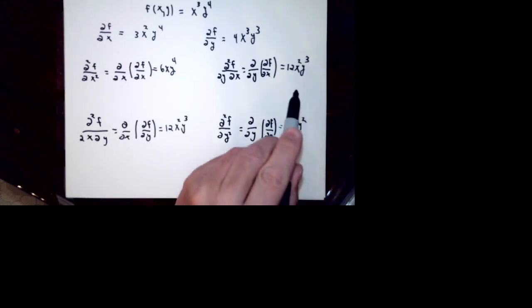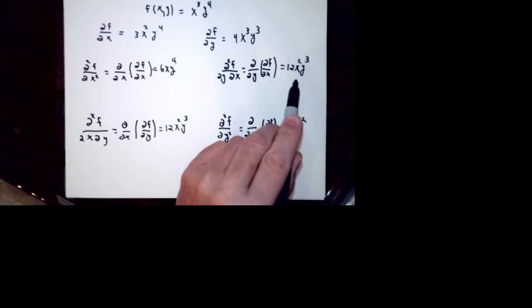Also, an observant person will notice this is 12x squared y cubed, and this is also 12x squared y cubed. It could be that that's just a coincidence, but it turns out that it isn't. If the functions involved are reasonably nice, these mixed second partial derivatives will always be equal to each other.